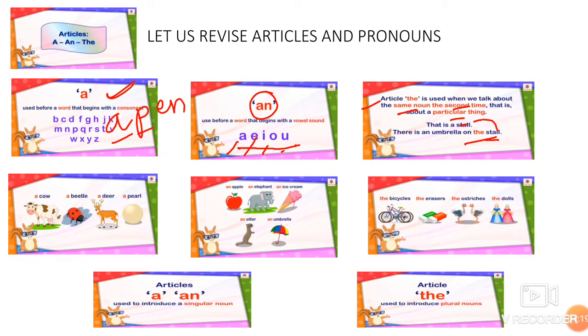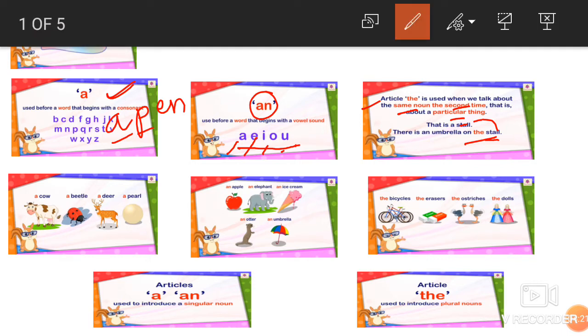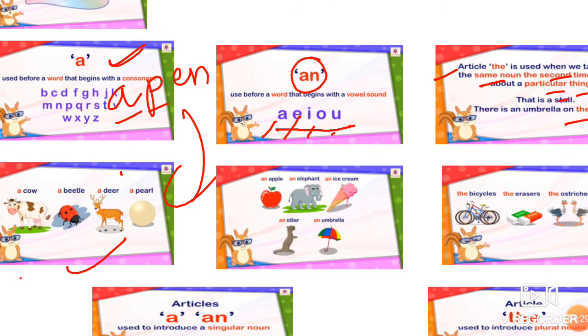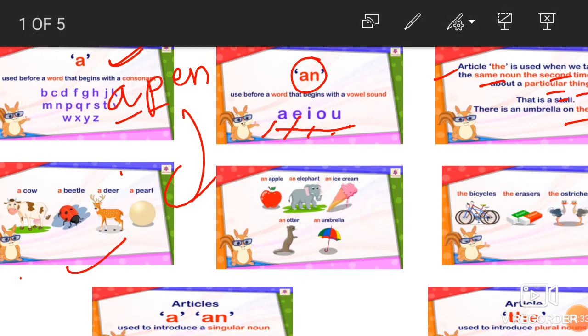Now see, when I say a, when I say consonant, look here. Examples of consonant words: a cow, a bottle, a deer, a pearl. These are the examples of a.